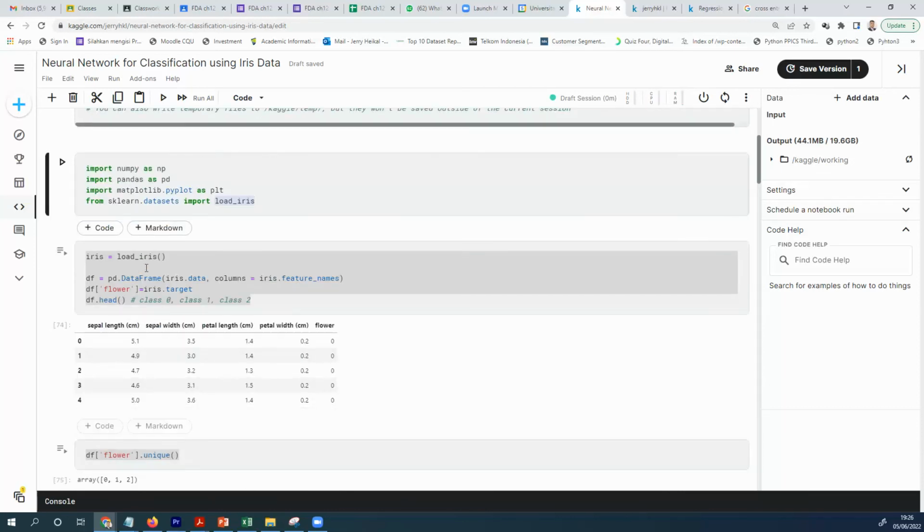After that, from the iris data, we create the train data and testing data. The data frame is built from the iris data with the iris feature names, and the iris target we rename as flower. Then the data head, the data is like this. Let me run it first. Is it running yet?